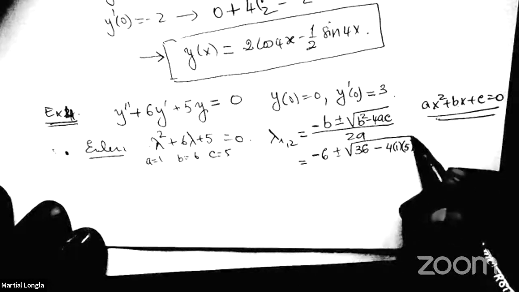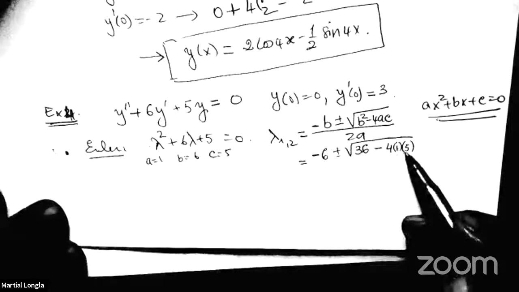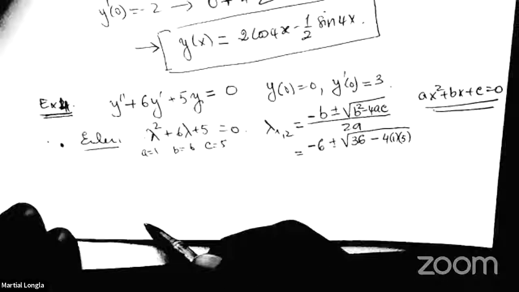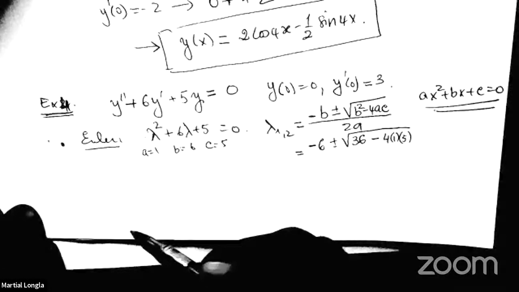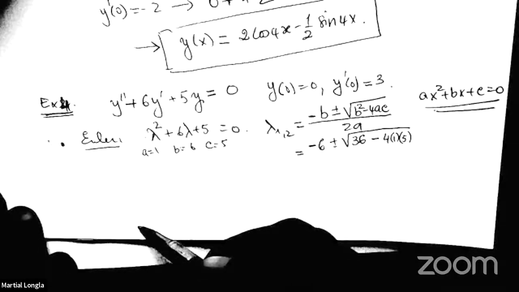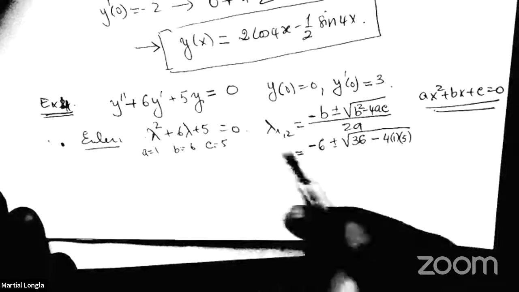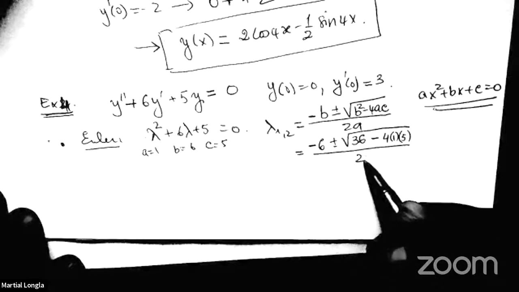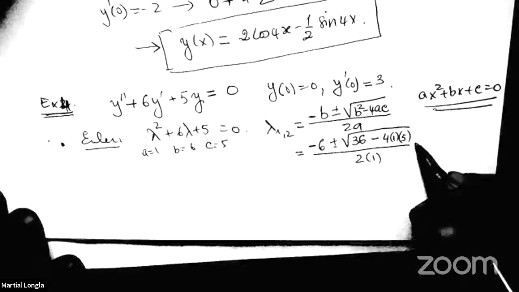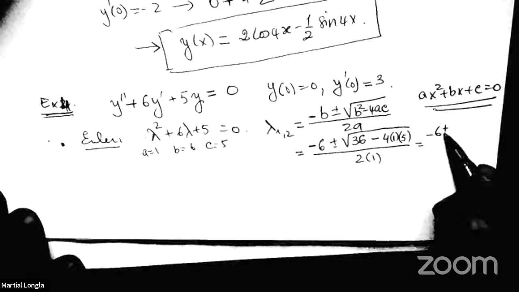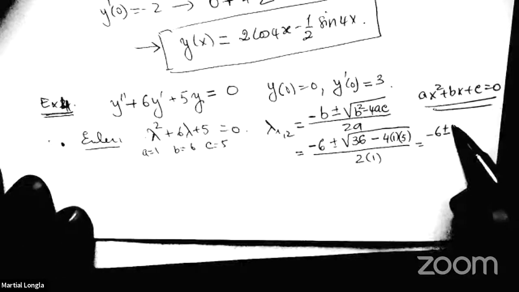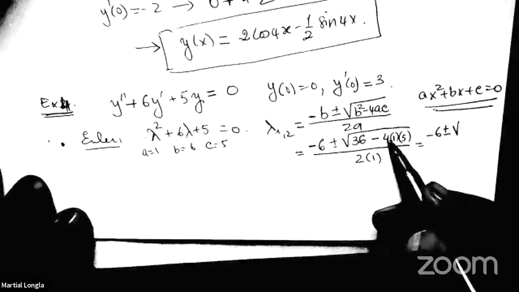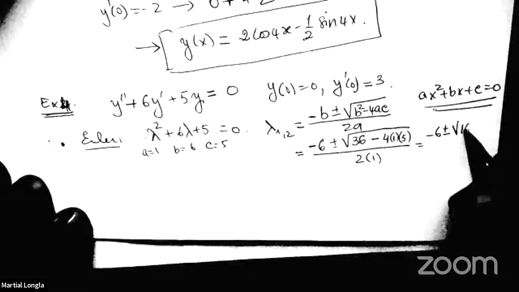I always suggest putting parentheses around these numbers when you're doing that, because some of them might come with negative signs and then you forget the sign. Over 2A, and A is 1. So that is -6 plus minus square root of 36, and then minus 20, that's 16, over 2.